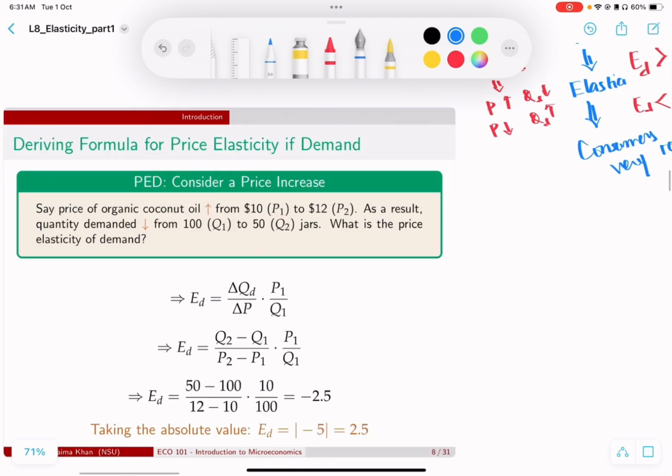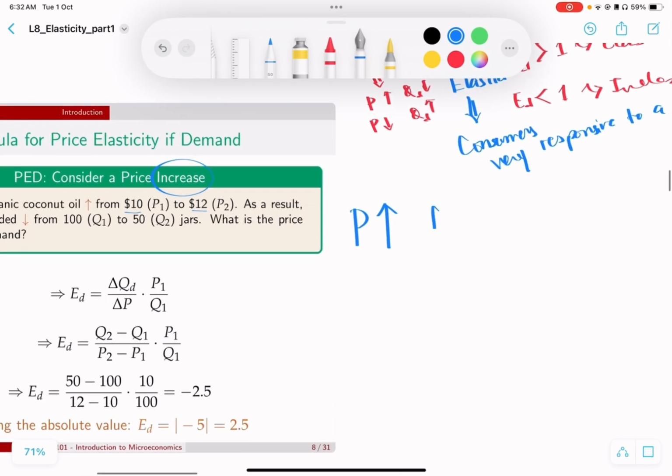So now we're going to look at another example. Okay. But in this case, we're going to deal with the price increase. So look, I've not changed the numbers actually. So here we're told that the price is going up from $10 to $12. Okay?